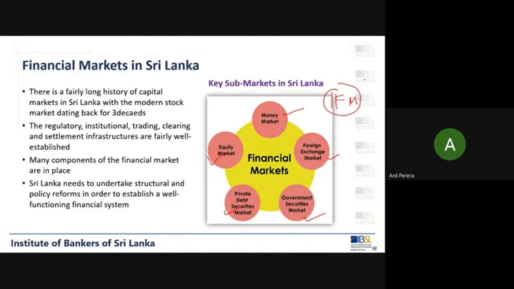For example, you cannot regulate these informal money lenders, right? You cannot regulate certain activities in certain market areas. For example, in the Manning market, fish market, there is some informal money lending and borrowing happening, but we cannot regulate them. These are outside the formal segment.